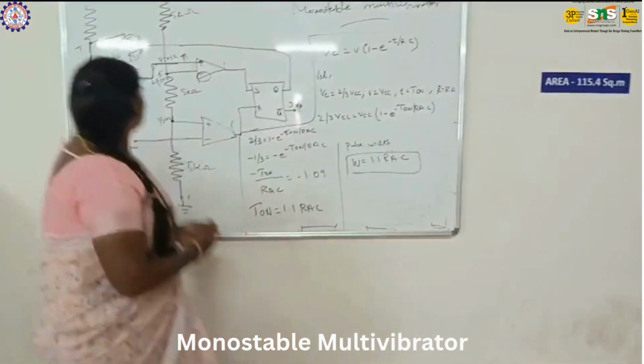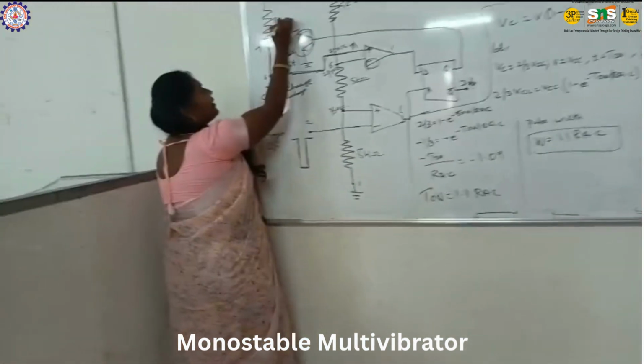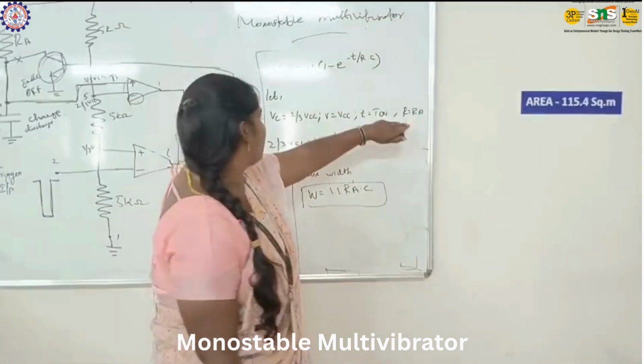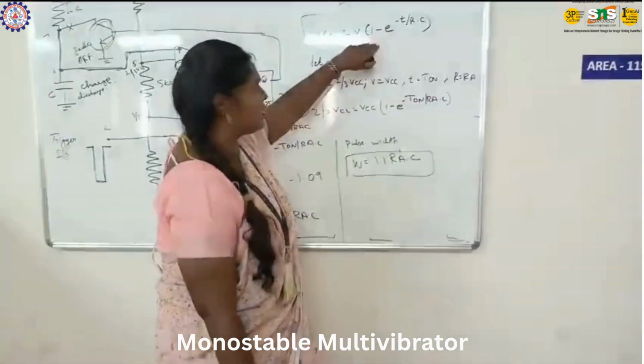Here we used only one resistor, that is RA, so R equal to RA.